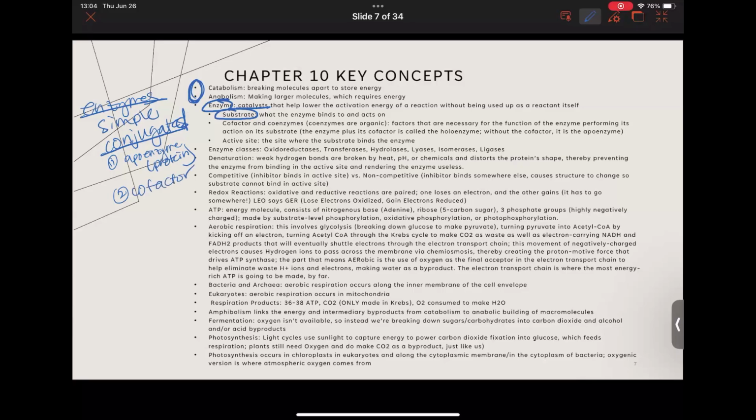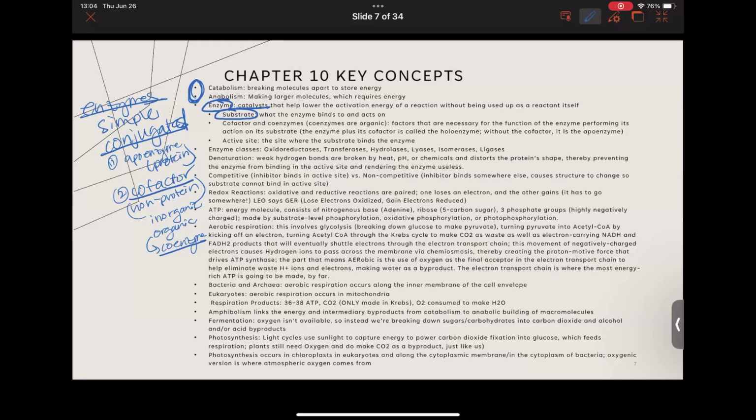This is the non-protein portion. And the non-protein portion can be inorganic, or it can be organic. If it's organic in nature, we call it a coenzyme. So a coenzyme is a cofactor. It's just an organic cofactor.